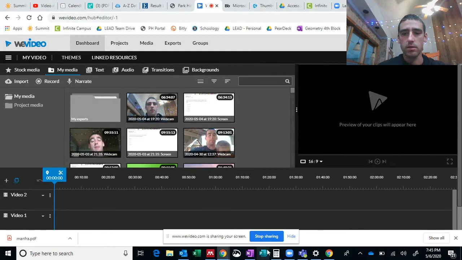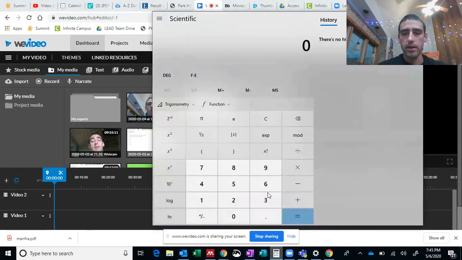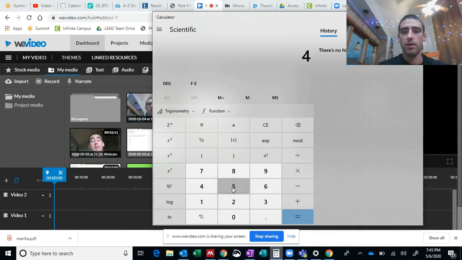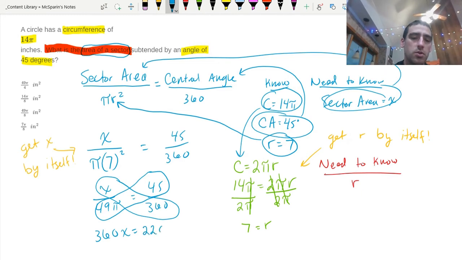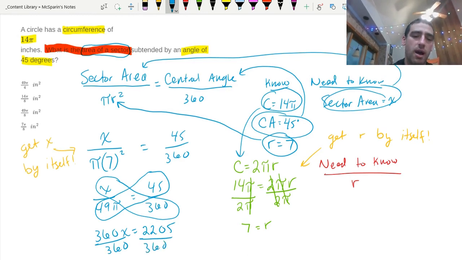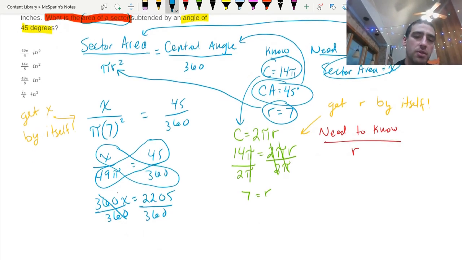Where's my calculator? Calculator, there you are. 45 times 49 equals 2205. I'm going to divide both sides by 360 to get the x by itself. That cancels my 360s, leaving me just x.